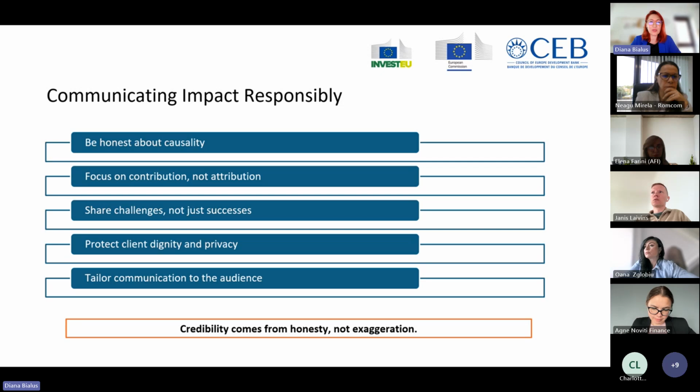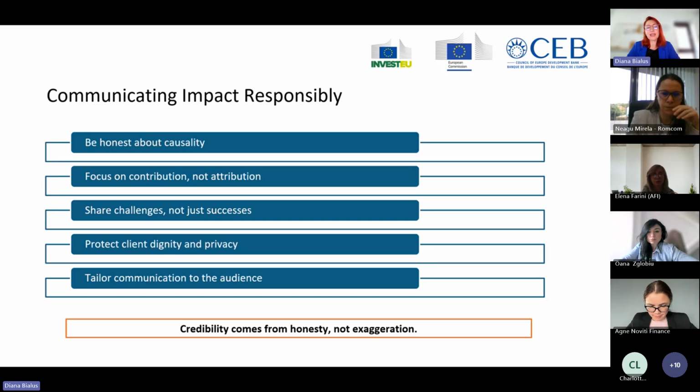As mentioned before, it's important to be honest about causality and what led to certain results. Focus on the contribution, so how your organization contributed to those changes. Share also the challenges, not just successes.